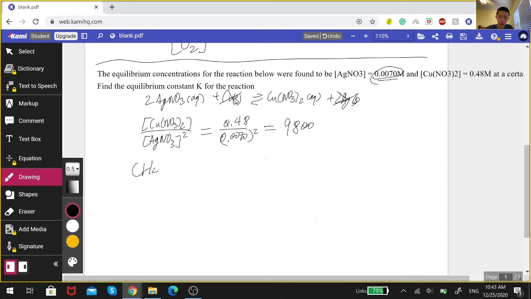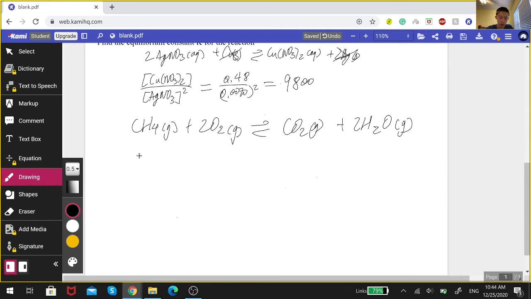The reaction is CH4 gas plus 2O2 gas makes CO2 gas plus 2H2O gas. So first we're going to write down everything: CH4, O2, CO2, and H2O.